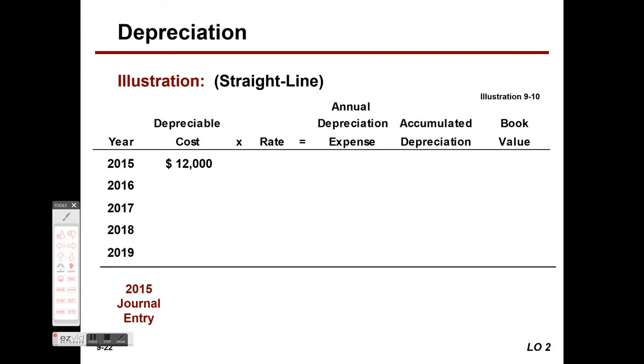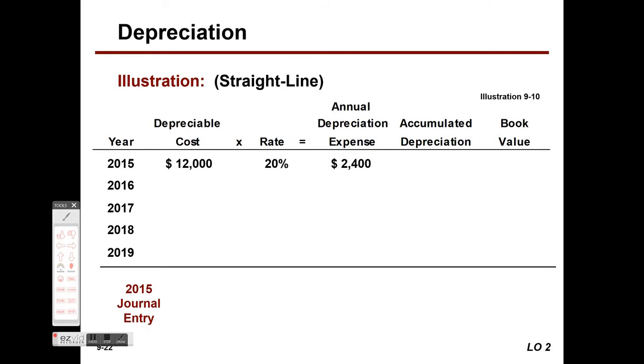So the depreciable basis on this truck is $12,000, the $13,000 less the $1,000 residual, our salvage value. The rate is 20%. The way we get that would just be, it's a 5-year asset, so each year it's going to decline 1/5 of its value, or 20%. So 20% of 12,000 is 2,400.